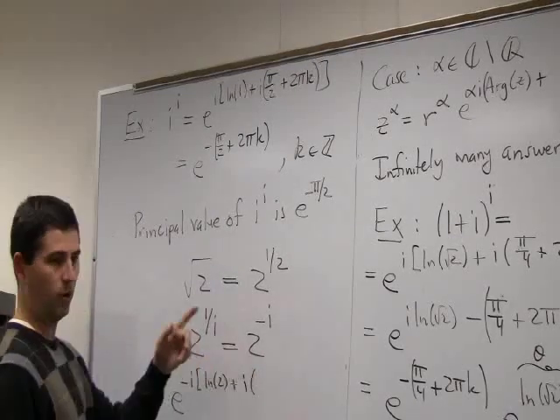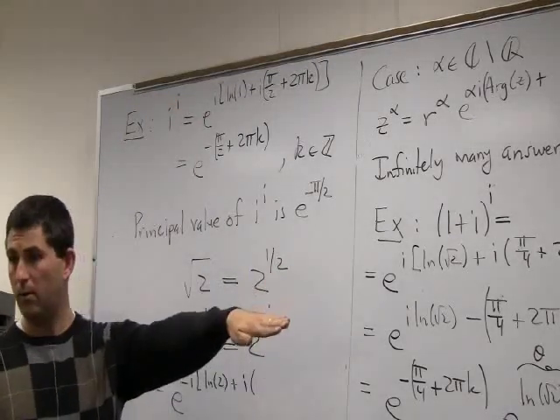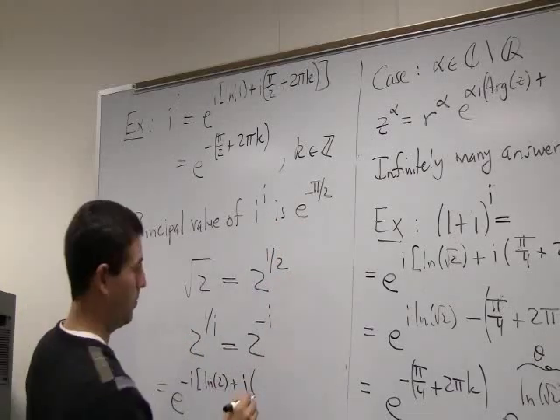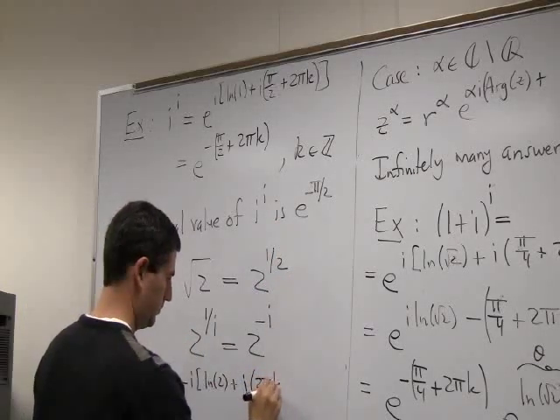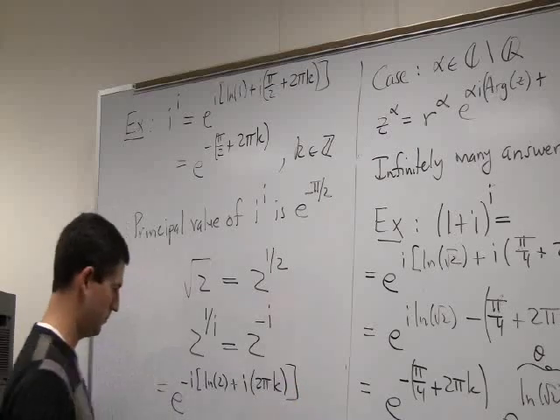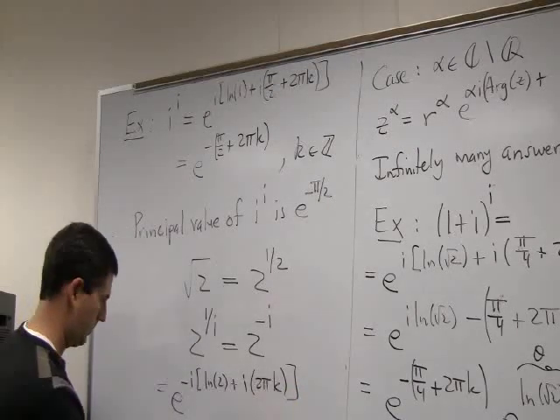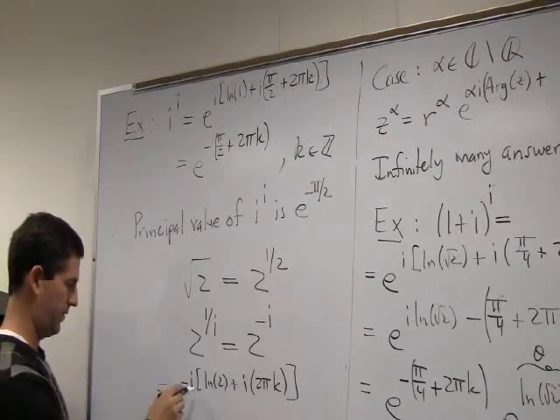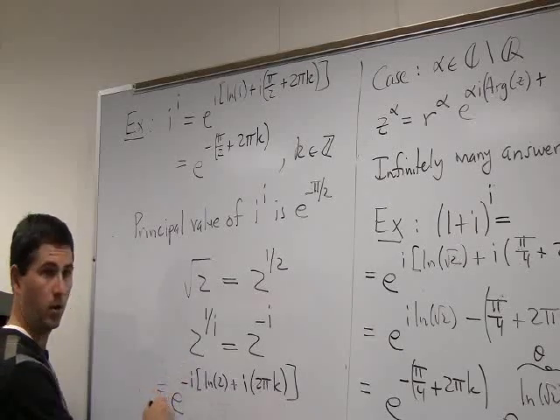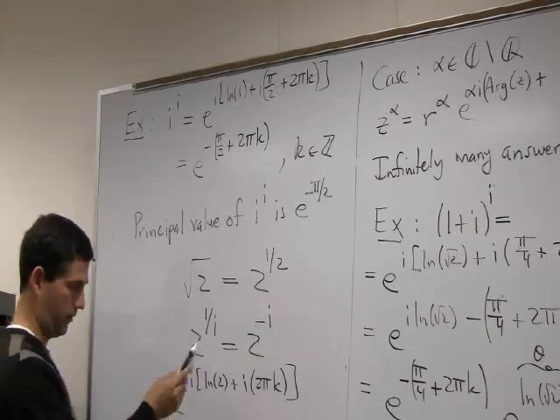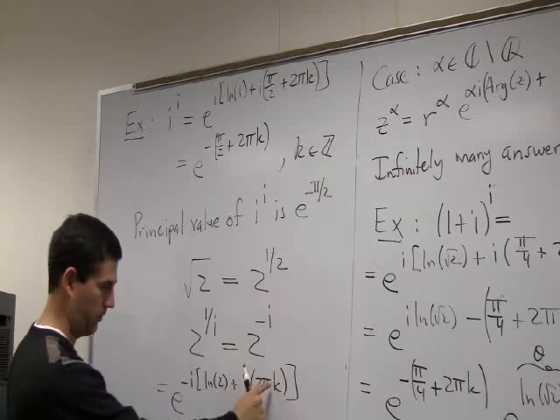Now the argument of 2 is just 0, plus 2 pi k. This is going to become your imaginary part, the polar part sort of, and this is going to become the real part.